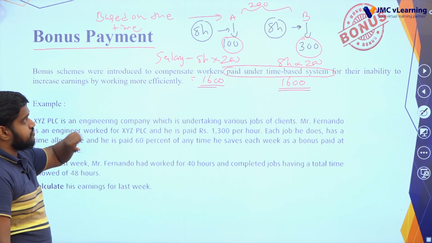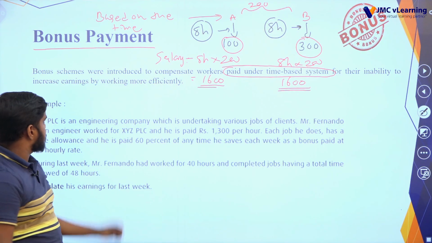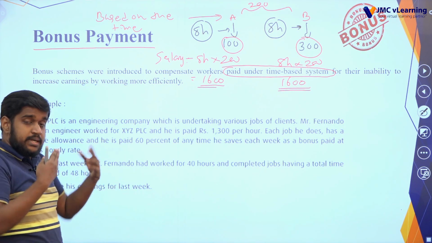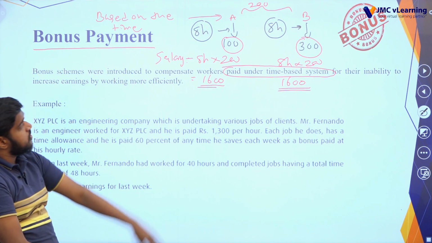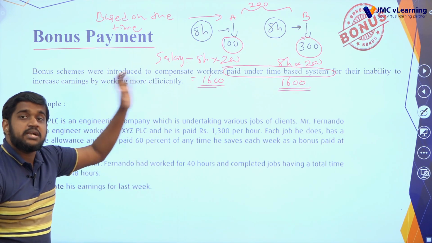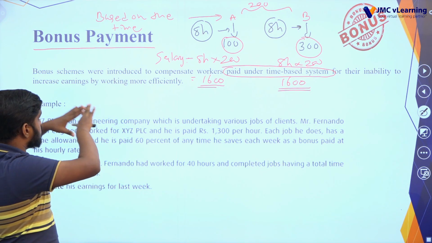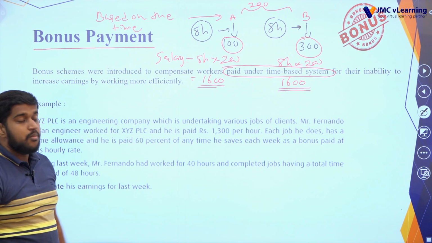In this situation, can B increase his earning? No. Based on efficiency, no. Whatever the number of units he produced, he is paid based on the time. To compensate workers like these, we introduce what? Bonus payment.